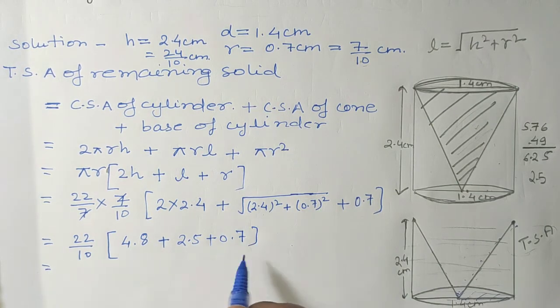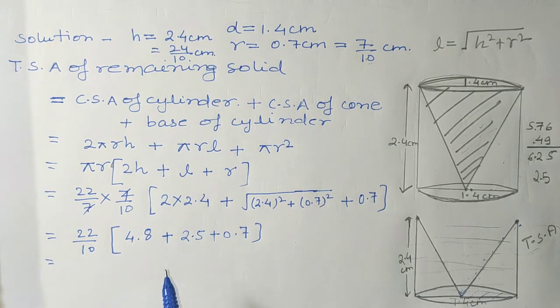Now adding all these 4.8, 2.5 and 0.7, so it will be 4.8 plus 2.5 plus 0.7. If you will add all these, you will get 8. Okay, so 22 by 10, and the value of this is 8.